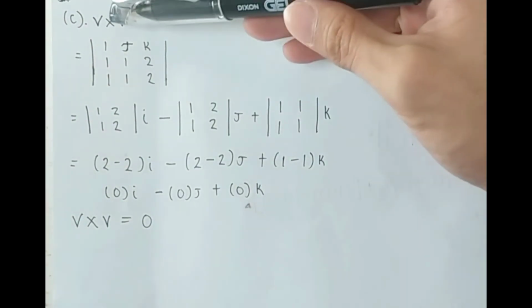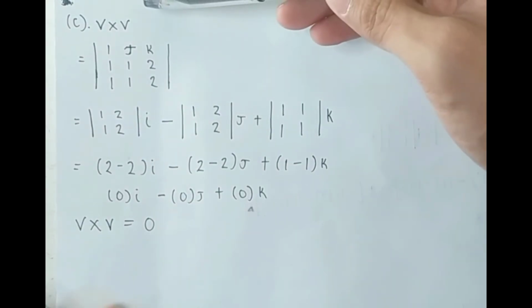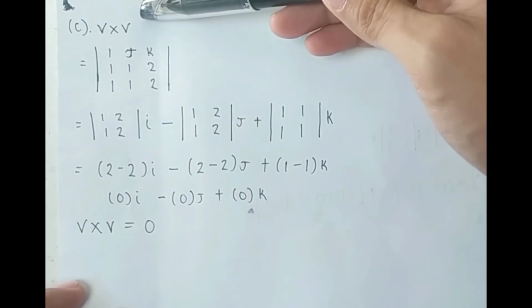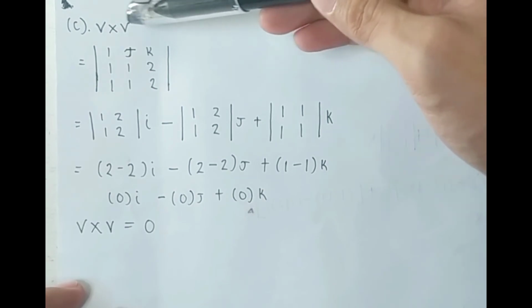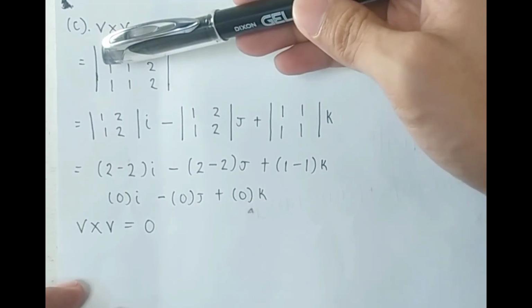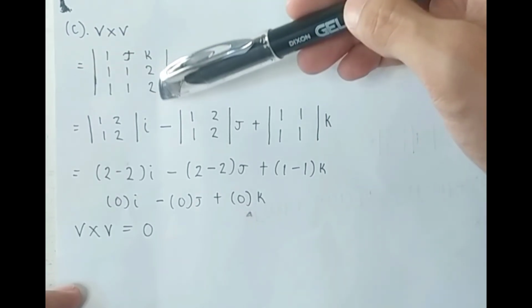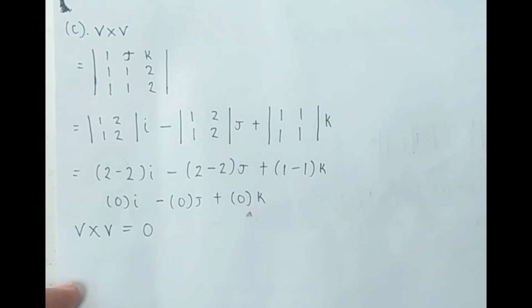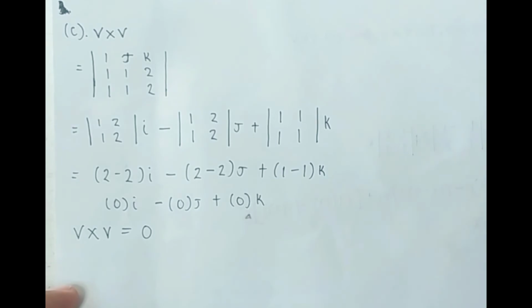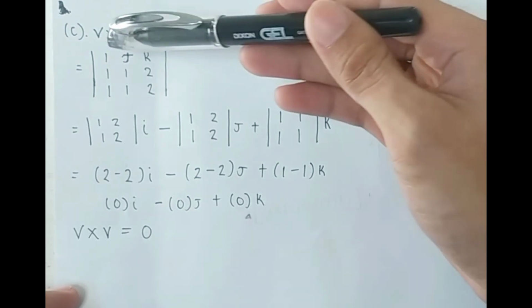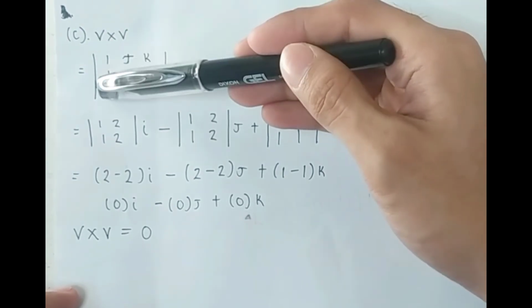Lastly, to get the v cross v, we need to apply the given. So ijk, the given of v, so 1, 1, 2. Also, the given of v is 1, 1, 2. Then, to get the component of each scalar, we need to remove row 1, column 1.